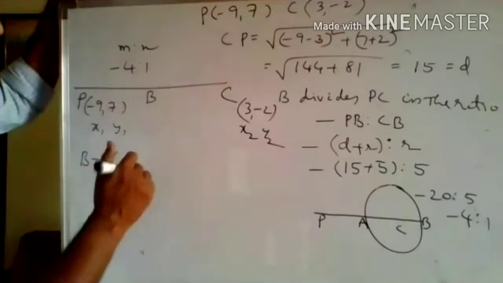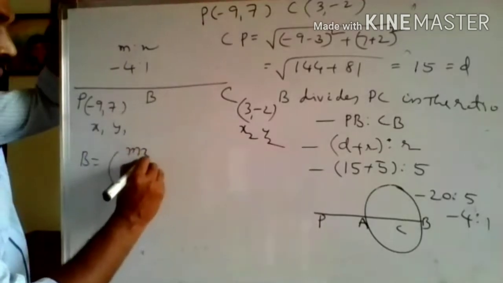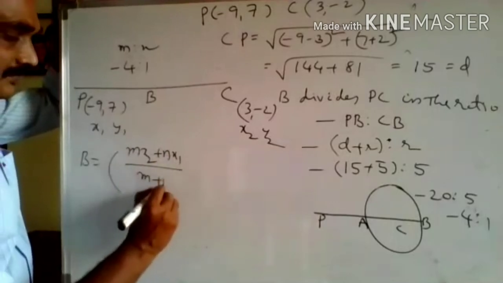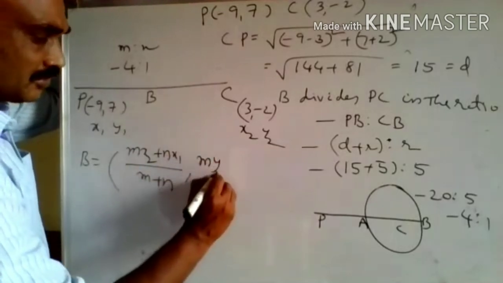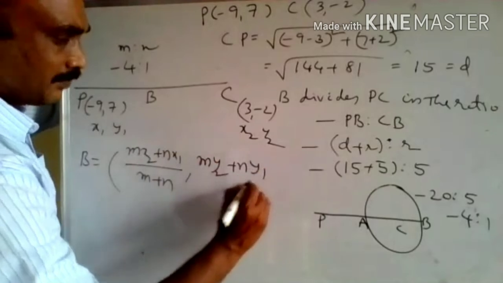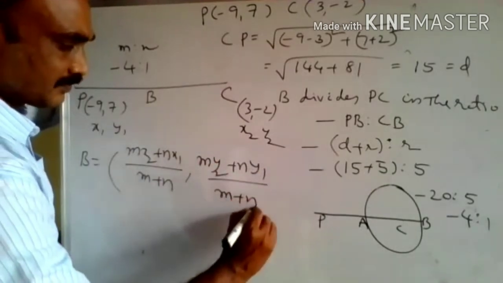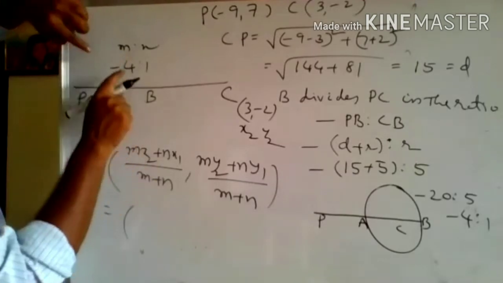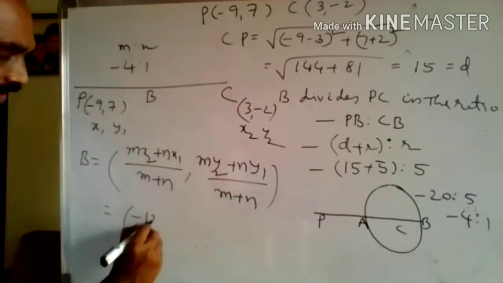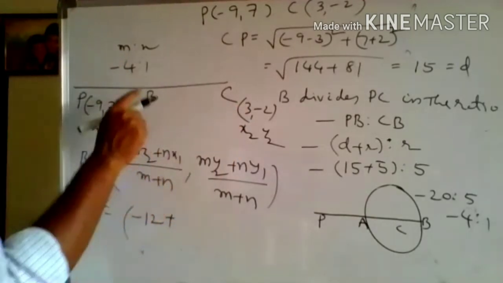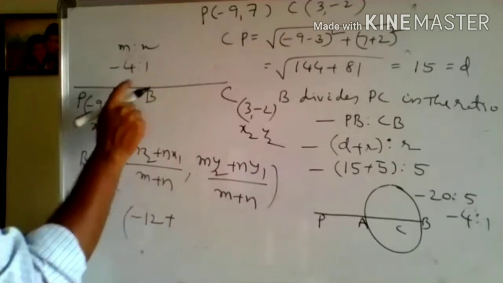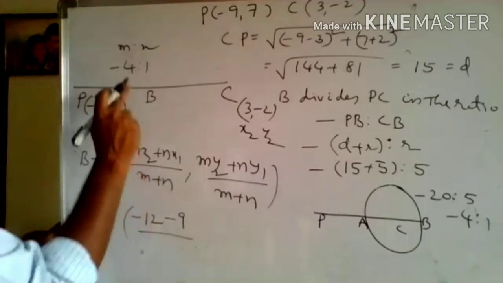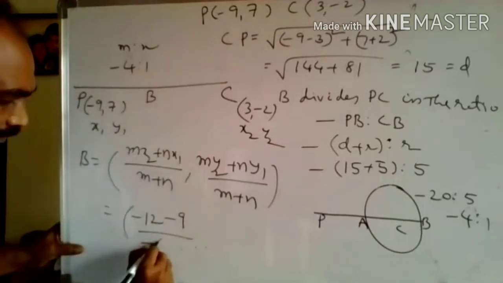Here m is minus 4, x2 is 3, n is 1, x1 is minus 9: minus 12 plus 1 into minus 9, by minus 4 plus 1.